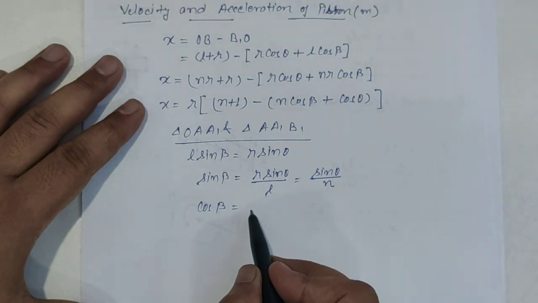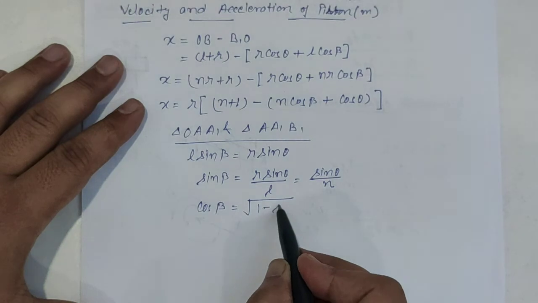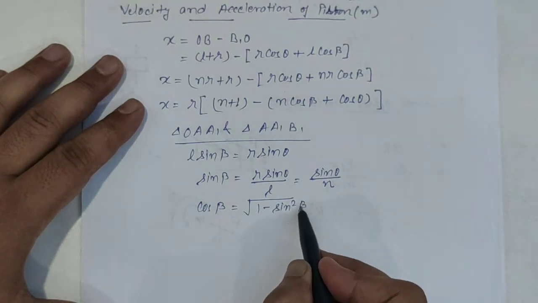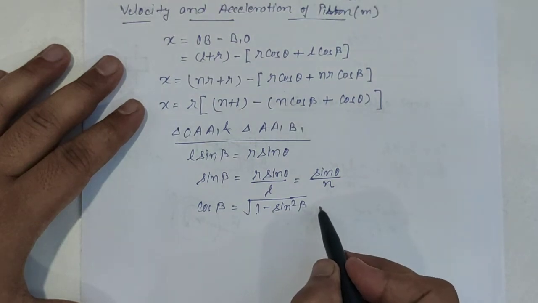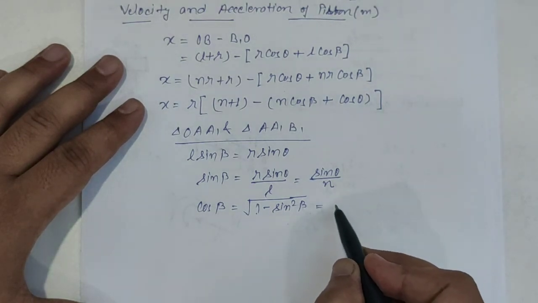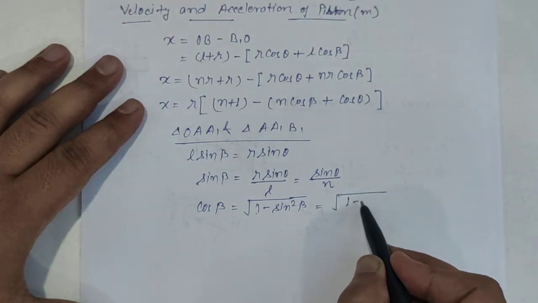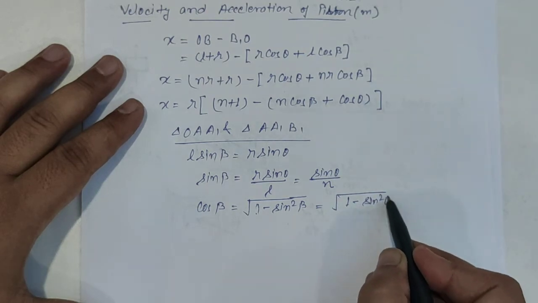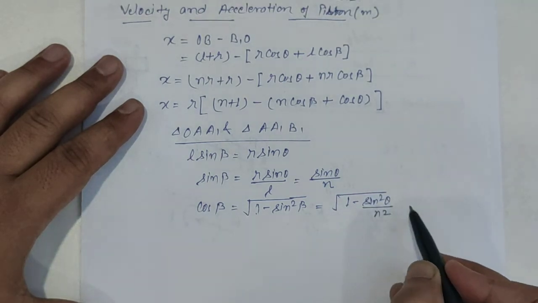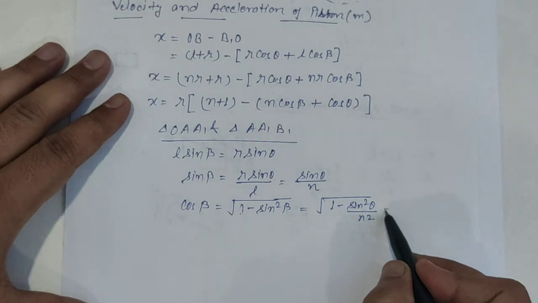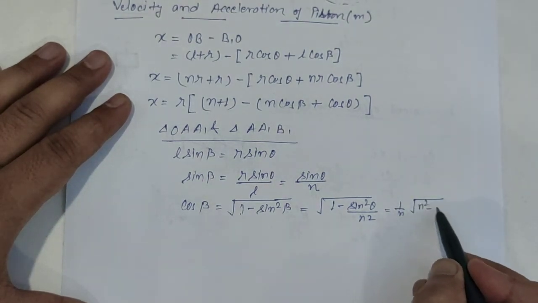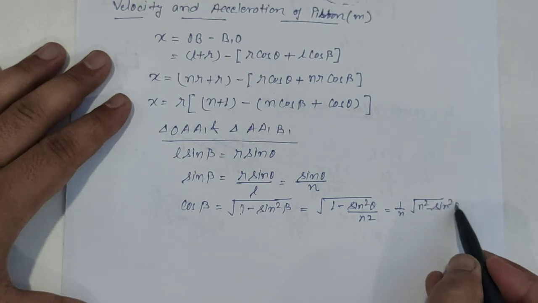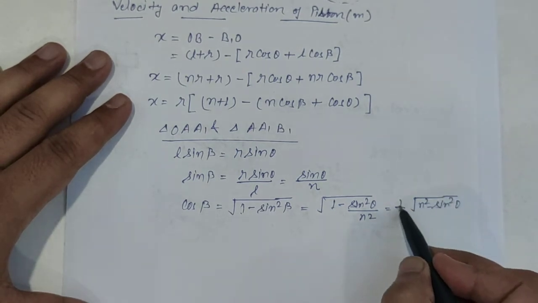Cos beta will be equal to under root of 1 minus sin square beta, since sin square beta plus cos square beta equals 1. That equals under root of 1 minus sin square theta divided by n square. From here we can write 1 by n under root of n square minus sin square theta. This n we have taken outside the bracket.